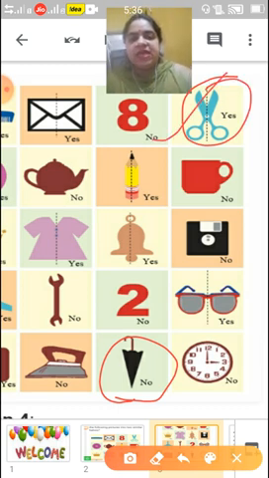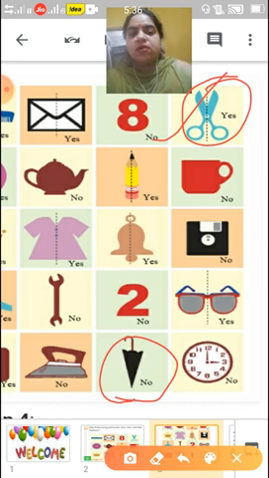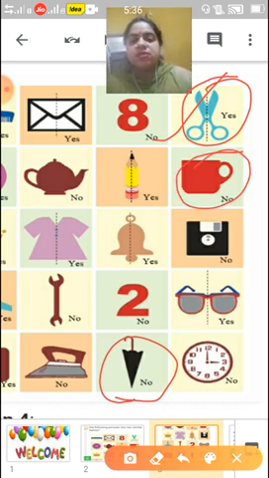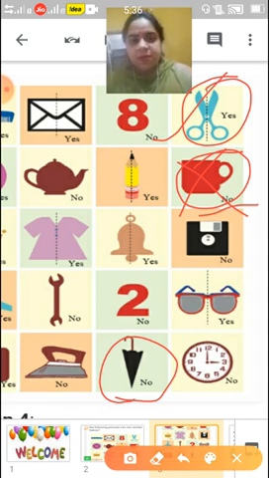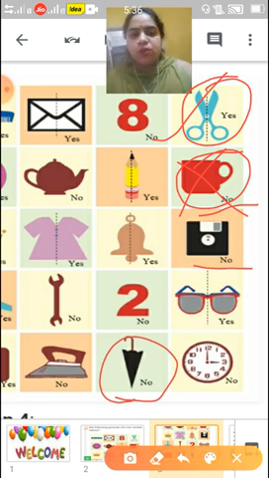So your answer is yes. Now next picture is your mug. This is also not having two similar mirror halves. So the answer is no. Now your next picture is a tape recorder. This picture is also not having two similar mirror halves. So your answer is no.